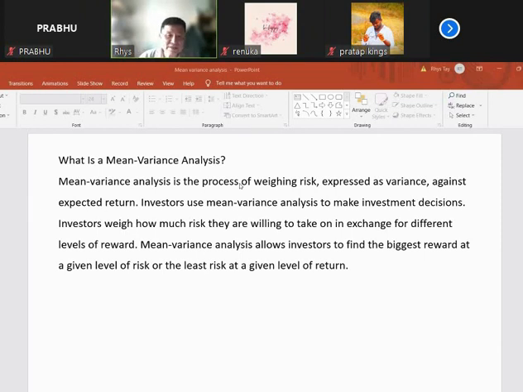So what they say here, MVA is the process of weighing risk, expressed in variance, against expected return. Investors use mean variance analysis to make an investment decision. Investors weigh how much risk they are willing to take on in exchange for a different level of reward. Mean variance analysis allows the investor to find the biggest reward at a given level of risk, or the least risk at a given level of return.